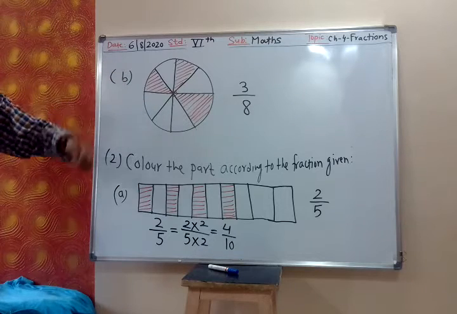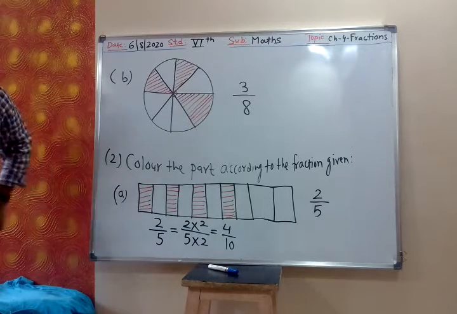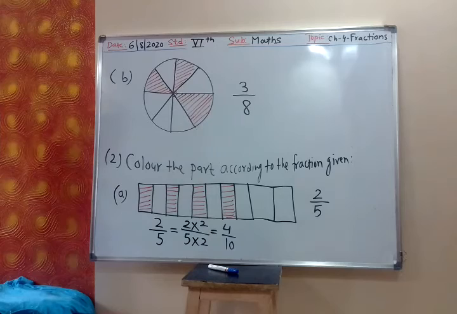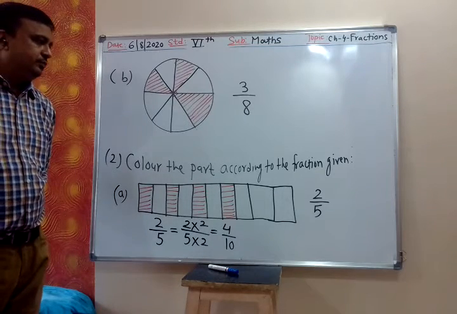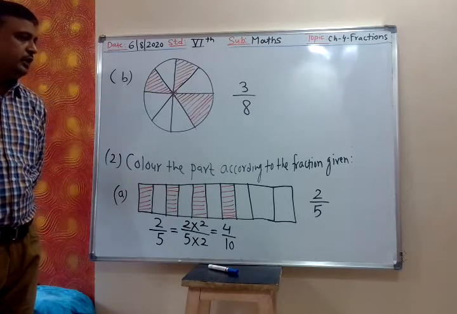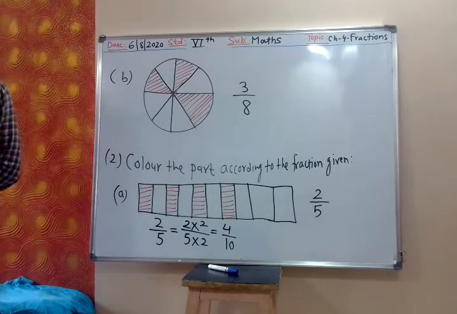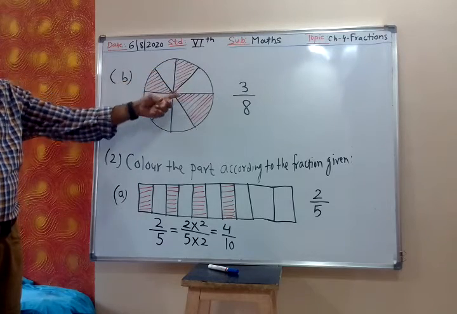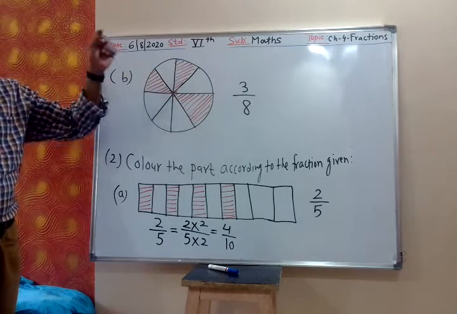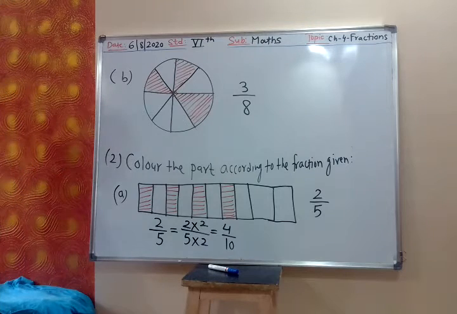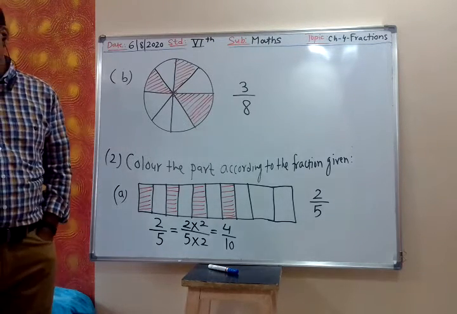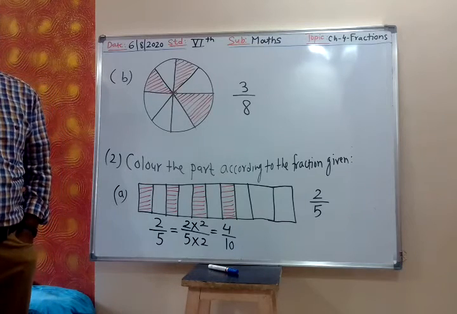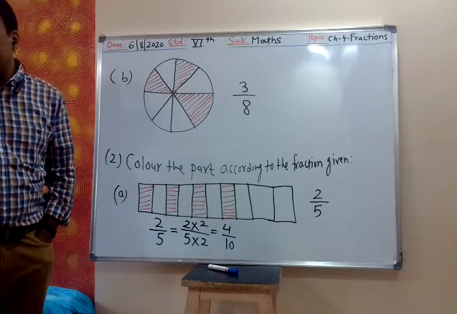Okay, write fast. 3 upon 8 means total 8 parts are there. You have to shade or color the 3 parts. So that we write that, this B is over, 3 upon 8.